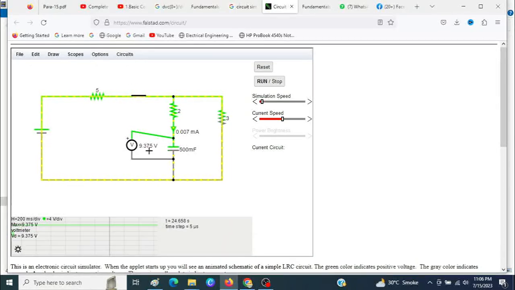After this switch is open, this should remain 9.375 for a few moments, and then gradually it will decrease because the capacitor will discharge through this circuit. Okay, so this has been opened and now you can see 9.375. It is holding, and now it has gone to 374 and will gradually reduce very slowly.